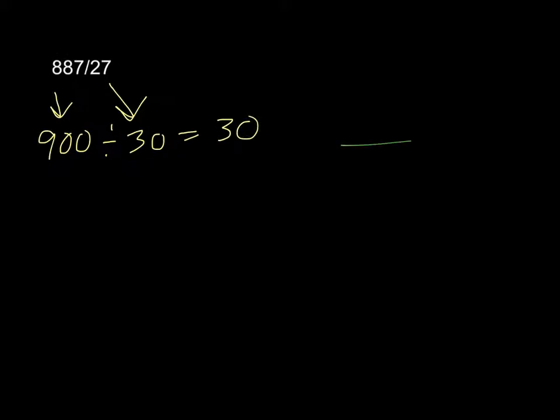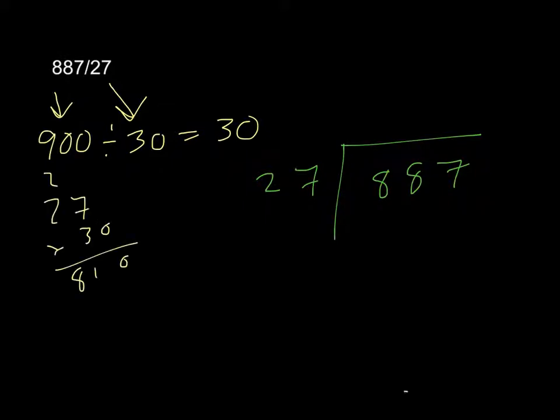We're going to set this up again. 887 divided by 27. Okay, 27 times 30 is 810. Okay, writing my 30 on the side again. Okay, 887 minus 810 results in 77. Okay, 77 divided by 30.